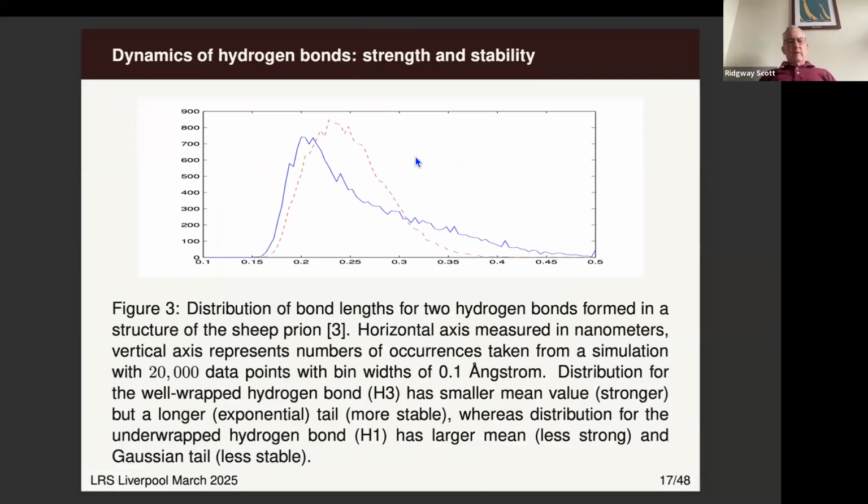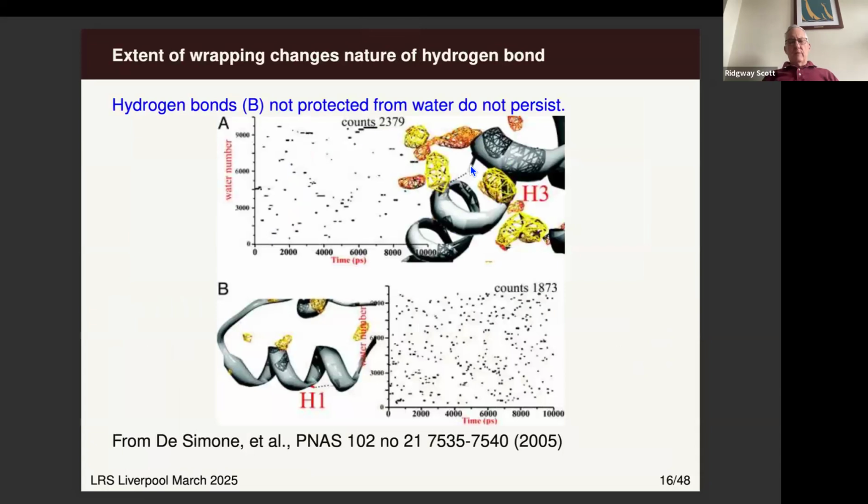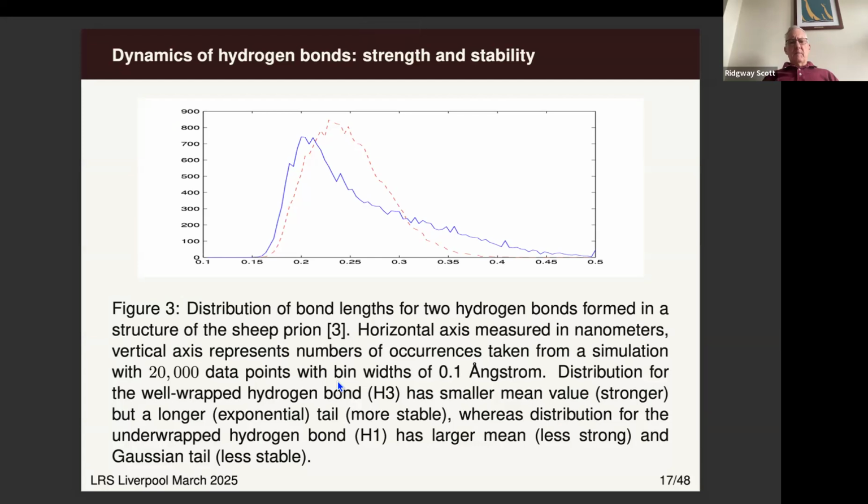One thing I did, in fact, I said, could I get the distribution of those two hydrogen bonds that you had? So the distances for the hydrogen bonds here, and he gave me this data set. And so this is the distribution of the separation of those hydrogen bonds, as a function of the distance of that potential separation.